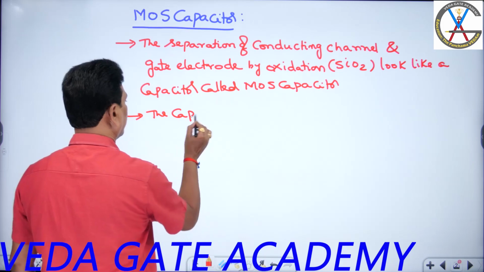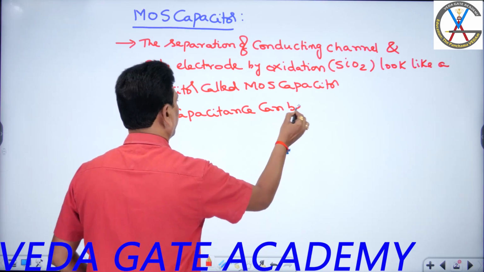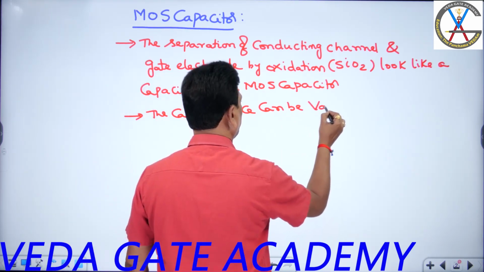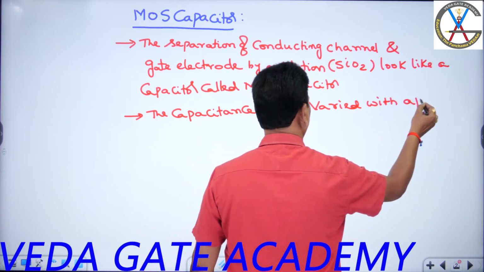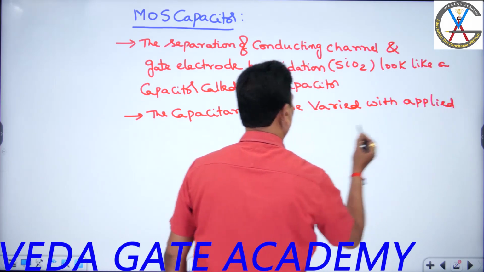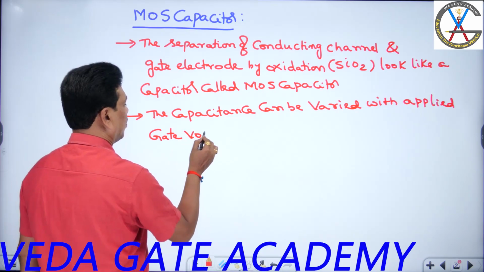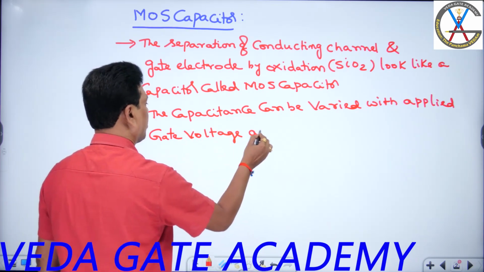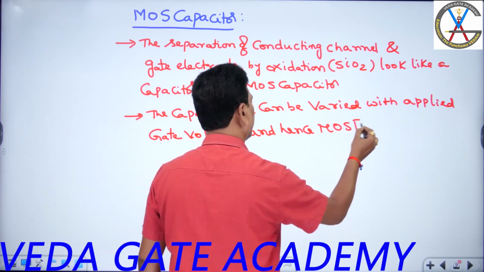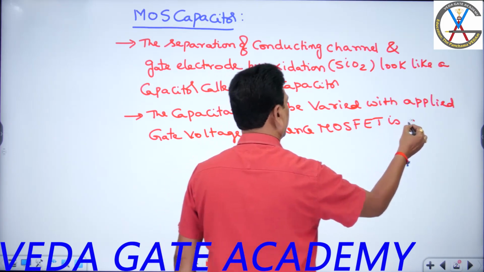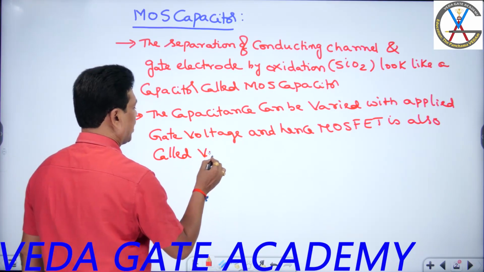The capacitance can be varied, students, with the applied gate voltage, and thereby the MOSFET is also called a voltage variable capacitor.